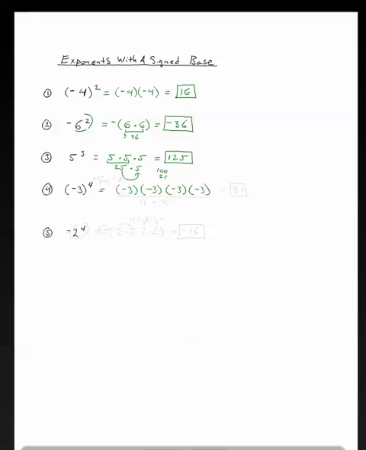Now, I could look at it and say, well, if I have parentheses grouping the negative with my base, then I know that if I have an even exponent, that's going to give me a positive answer. But even if I don't remember that, I can come over here and say, well, negative 3 times negative 3 is positive 9. And negative 3 times negative 3 is positive 9 again. And 9 times 9 is 81.